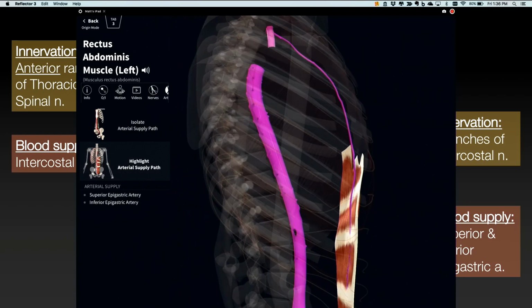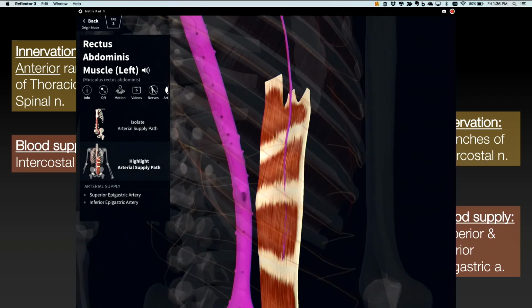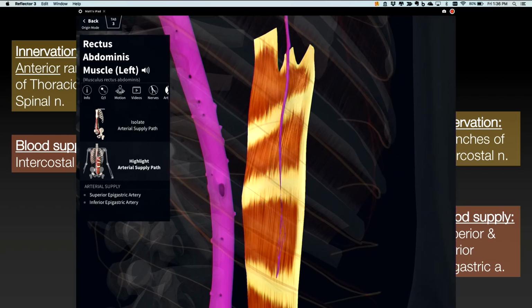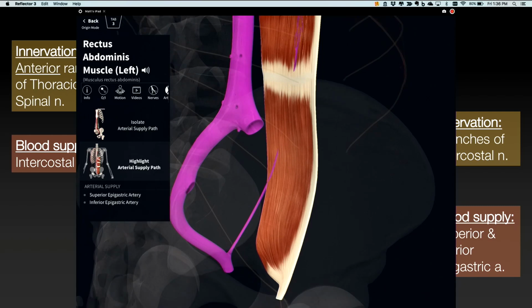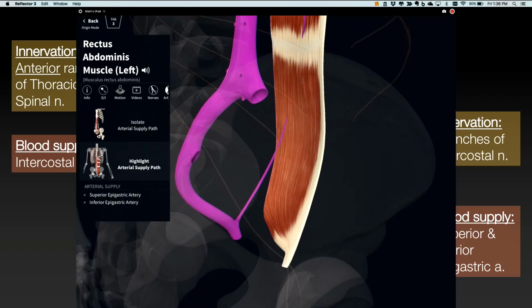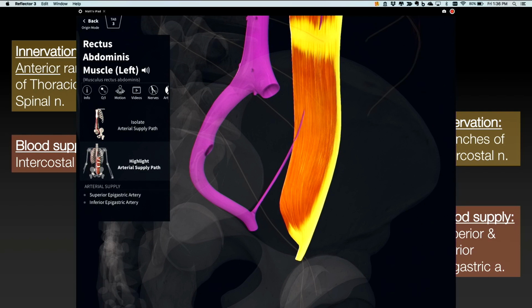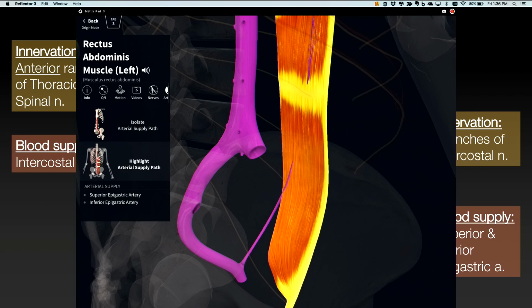That's the superior epigastric artery supplying the top portion of the rectus abdominis. And the inferior epigastric artery coming off of one of the iliac divisions in the pelvis. And we'll get to that detail in future, but you can see there's two separate supplies for the top and bottom of that muscle.